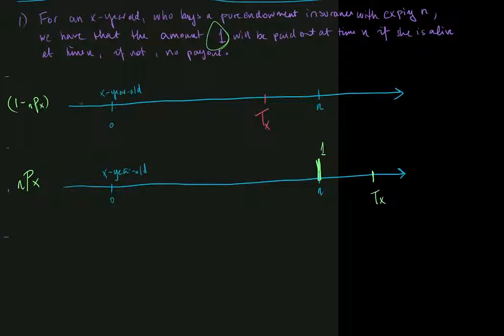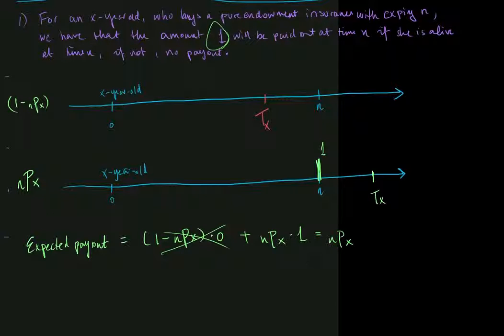Using these 2 probabilities, we can find the expected payout. We take the probability of each case and how much is paid out in each case. In the first case, 0 is paid out. In the second case, you have this conditional survival probability, and 1 is paid out. So the first term is just 0, hence the expected payout is NPX.